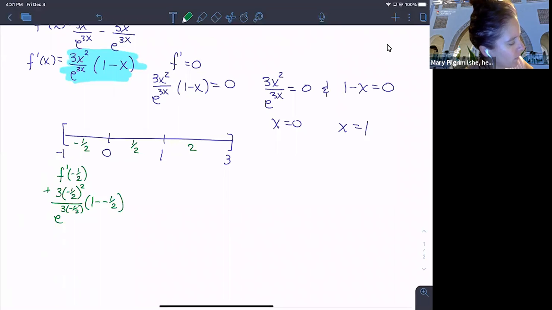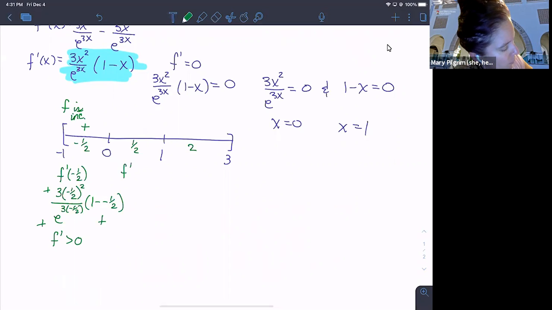E to the -3/2, that's going to be positive. And then 1 minus -1/2, that's also going to be positive. So all of those are going to be positive. So my first derivative is positive in that interval, telling me that f prime is greater than 0, that f is increasing.